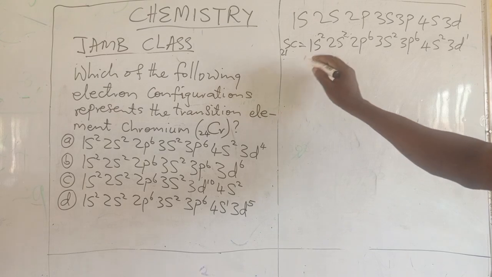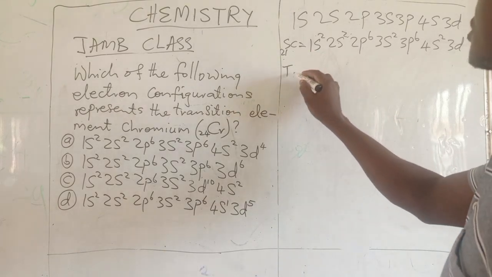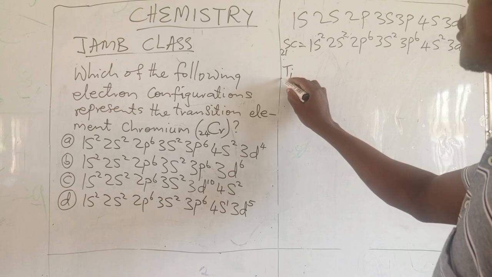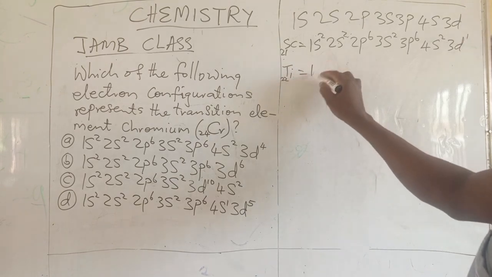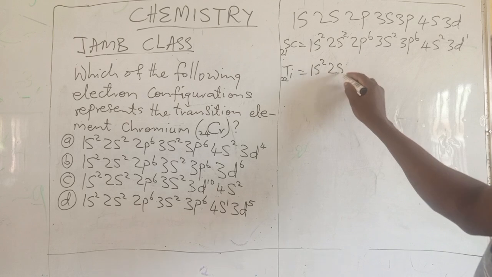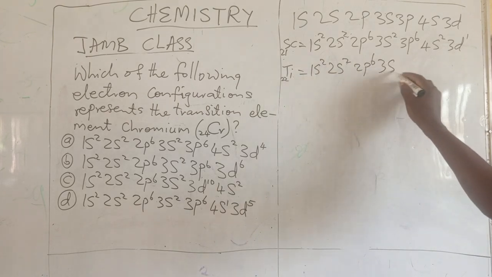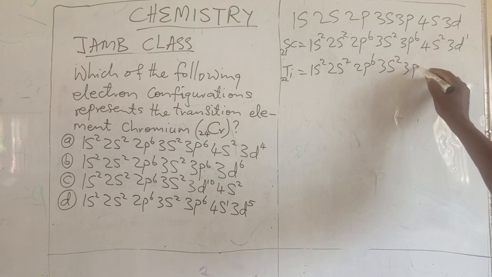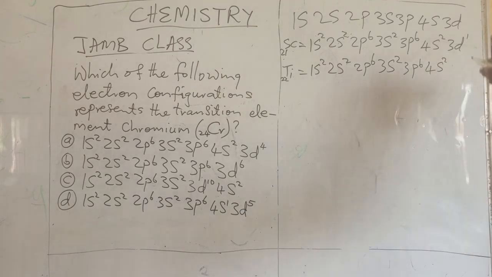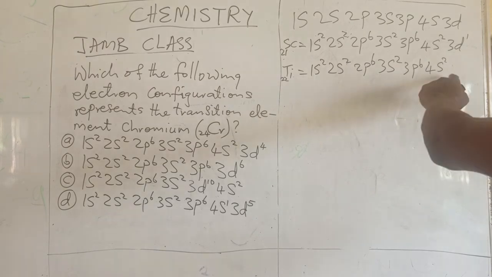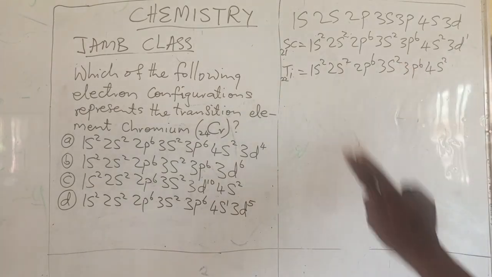Okay, now if it is titanium, 22, you have the same thing. 1s2, 2s2, 2p6, 3s2, 3p6, 4s2. Now, remember, if you add all this, this is 20. How many are left?